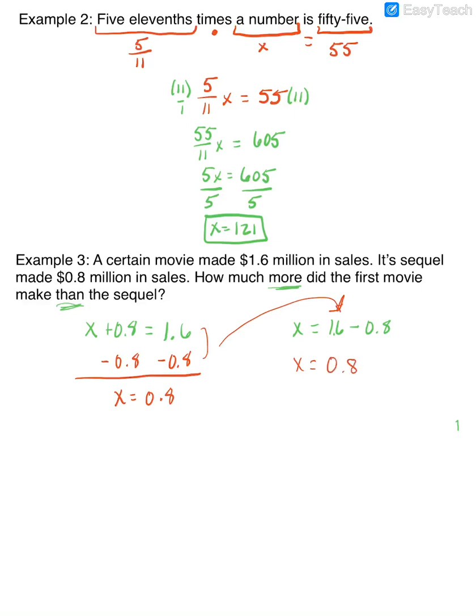Okay, so either way, you're able to state that the first movie made $0.8 million more than the sequel, or than its sequel.